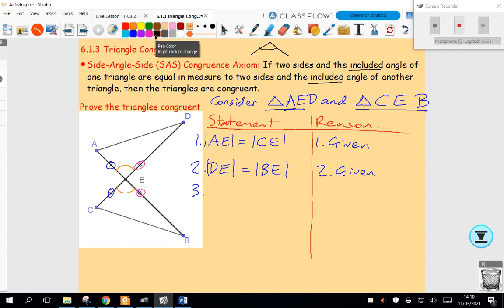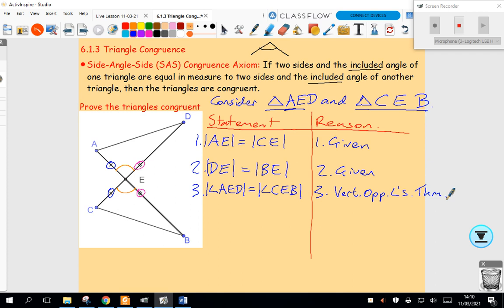So I'm going to say the measure of the angle AED in the top triangle is equal to the measure of the angle, in the bottom triangle, CEB. And my reason here, well, that's not given. That's what we call the vertically opposite angles theorem, which we mentioned before, theorem number 1.